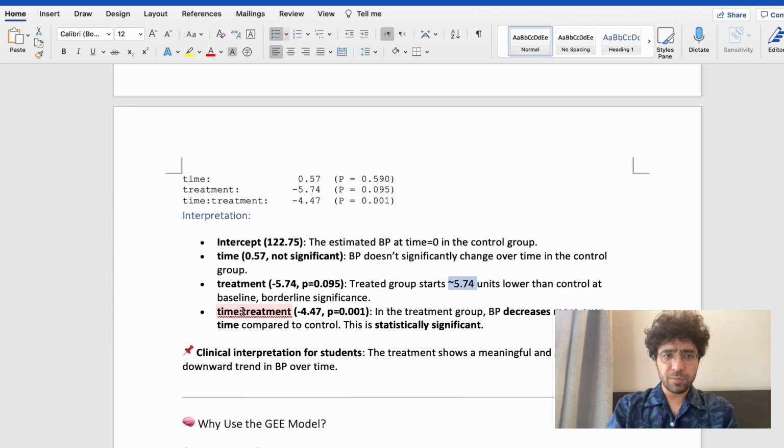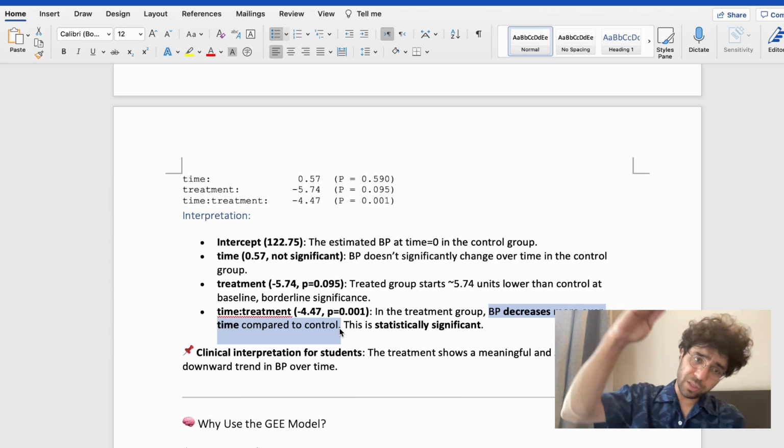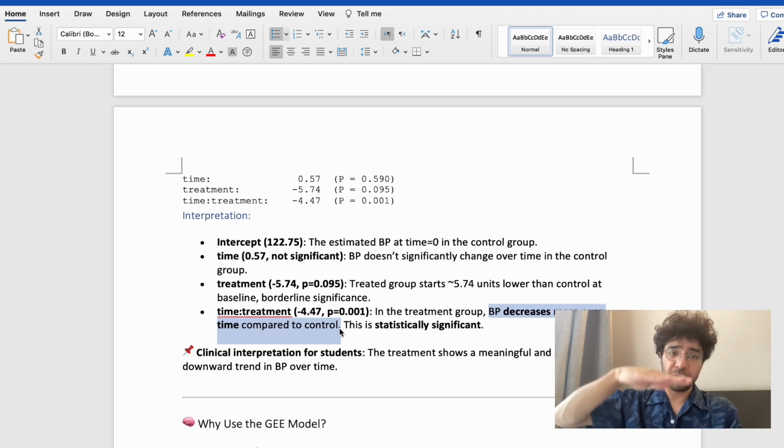The other thing that we have to take care of is the interplay of time and treatment. This is what we were interested in seeing. In the treatment group, blood pressure decreases more over time compared to the control group, because control group is 0 and the treatment group is 1.